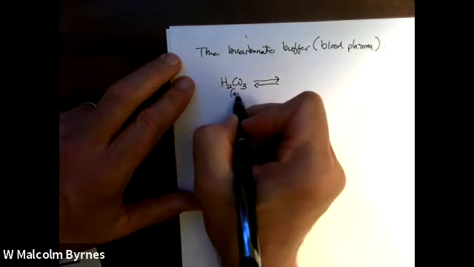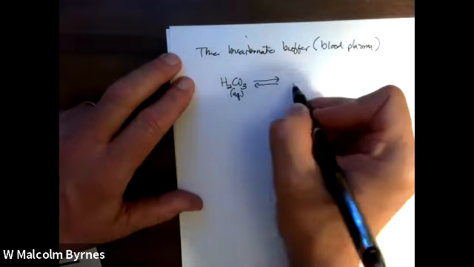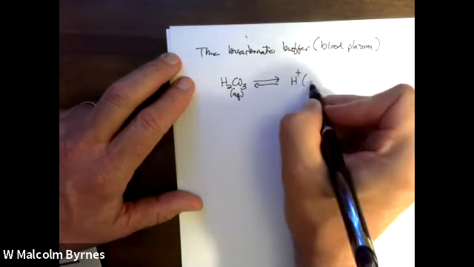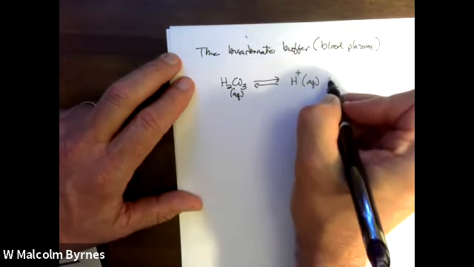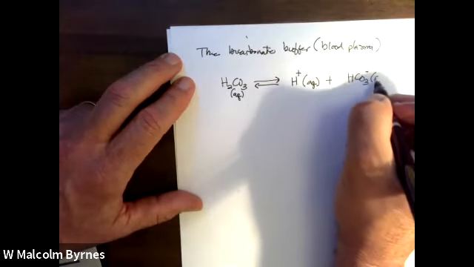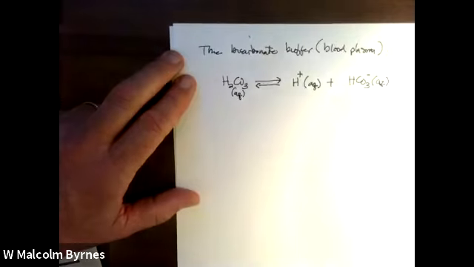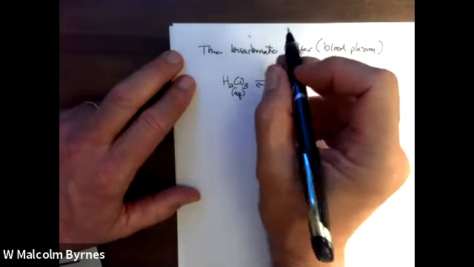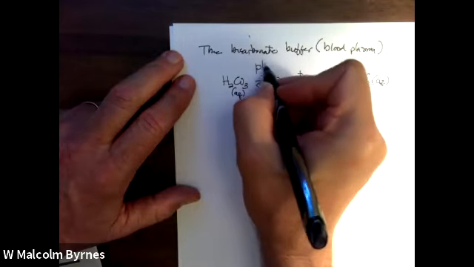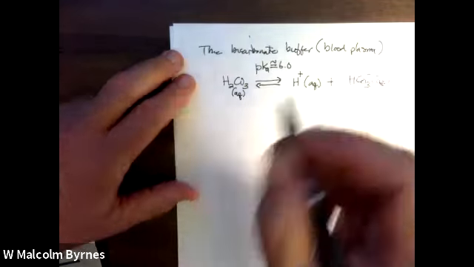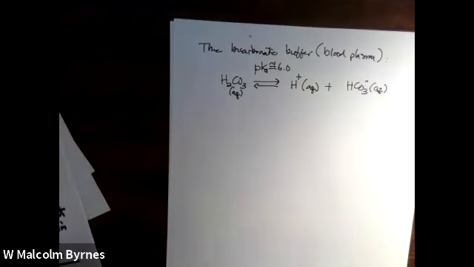Carbonic acid in solution can ionize to form a proton, which is also in solution, and bicarbonate ion in solution, okay? There's a particular Ka, and a pKa. The pKa for this ionization is approximately 6.0.